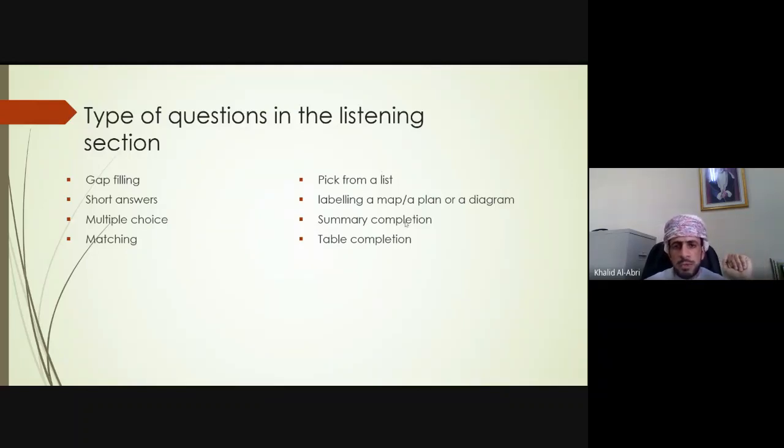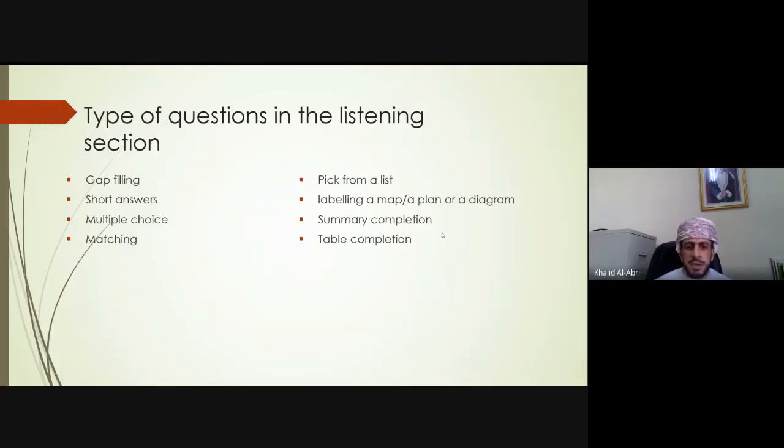They also include a map of some places like a park, museum, etc., and they will ask you to label this map to see what is A, what is B, what is C, etc. Also there is summary completion, usually in the last section. There is a summary about certain things, and you need to complete it using 1 word or 2 words.